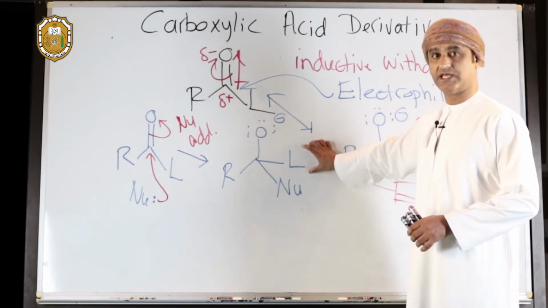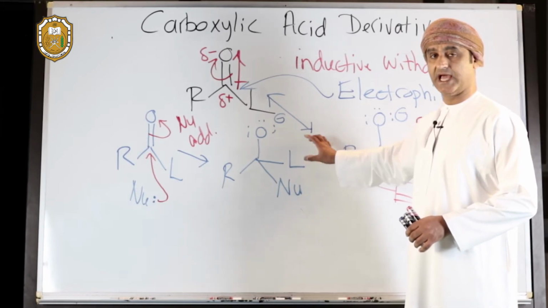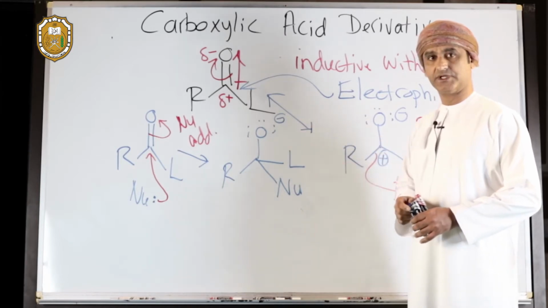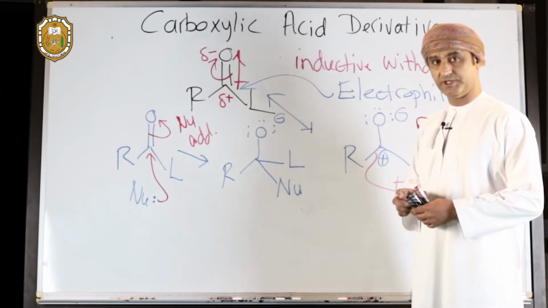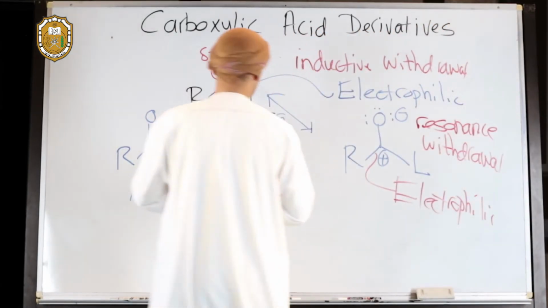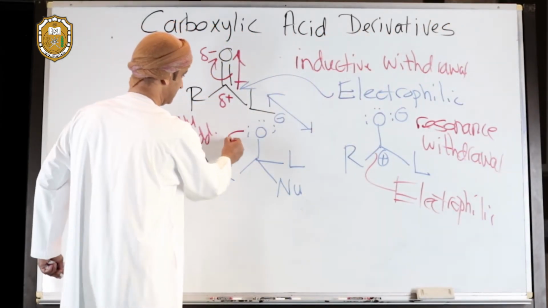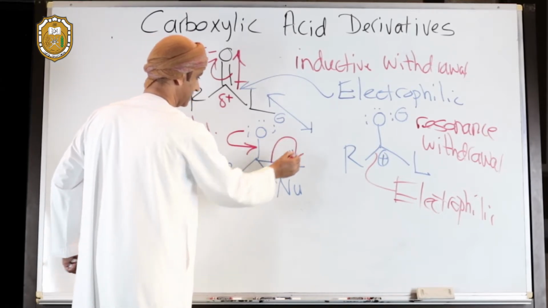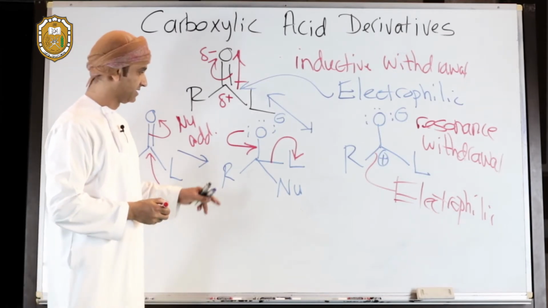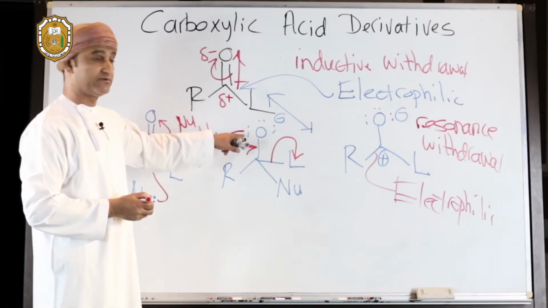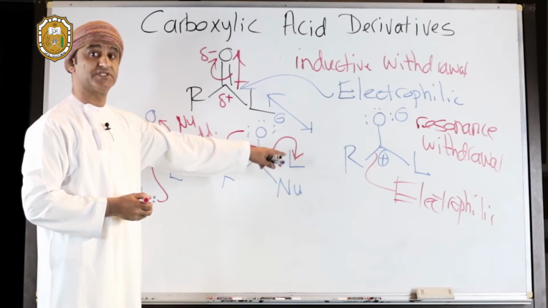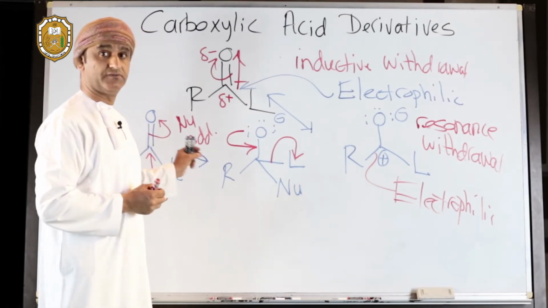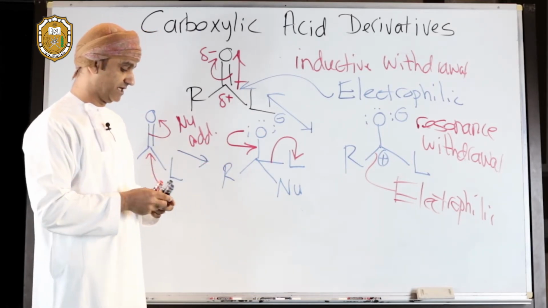This L, or potential leaving group, can actually now leave as a result of reformation of the carbonyl group, which would act as the driving force for the departure of this leaving or potential leaving group. So we can show this using curly arrows. As such, the carbonyl group is reformed and L leaves. So that's really the significant difference between the chemistry of aldehydes and ketones and the chemistry of carboxylic acid derivatives.